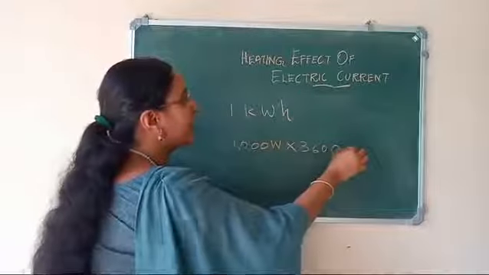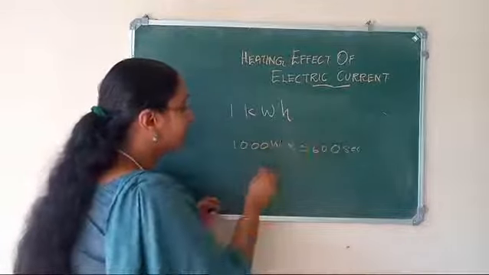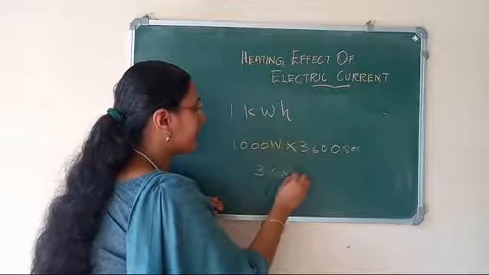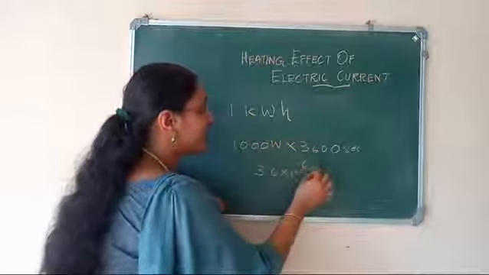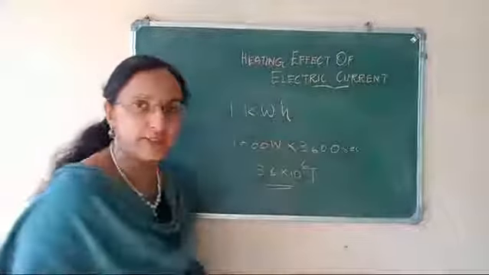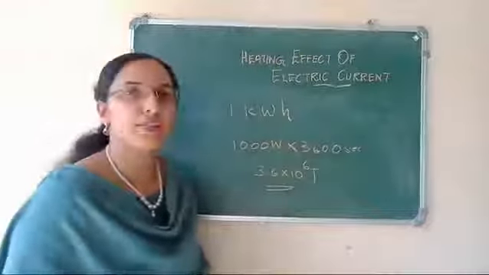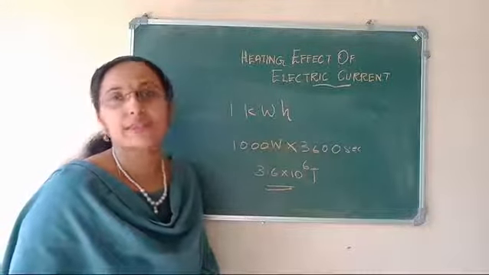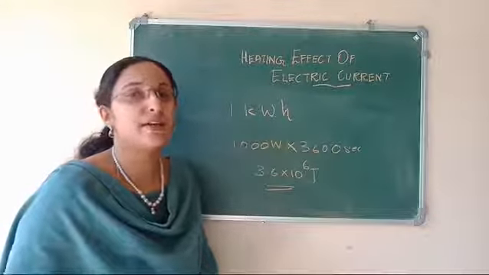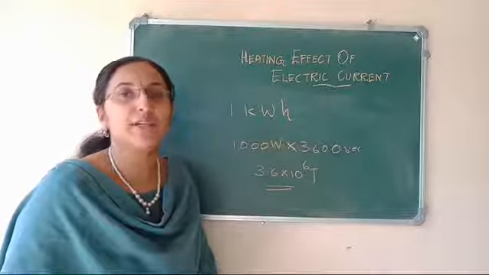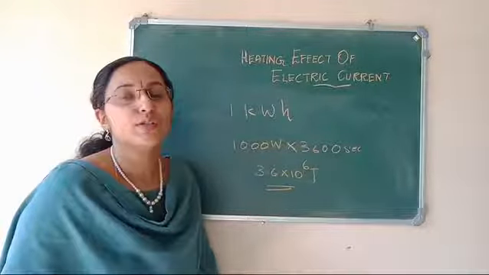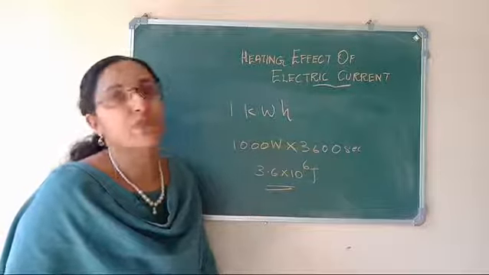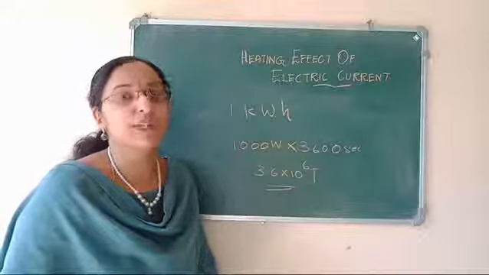And you will get 3.6 × 10⁶ joule. That is 1 kilowatt hour = 3.6 × 10⁶ joule. When 1 kilowatt of power is consumed in 1 hour, it is termed 1 kilowatt hour. So the commercial unit of electrical energy is kilowatt hour, or kWh.